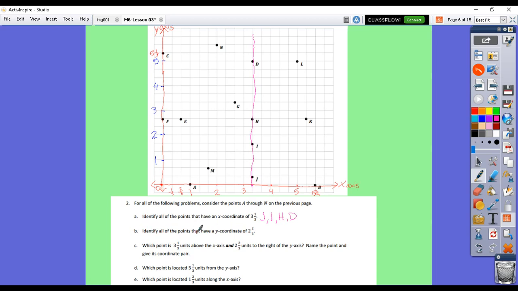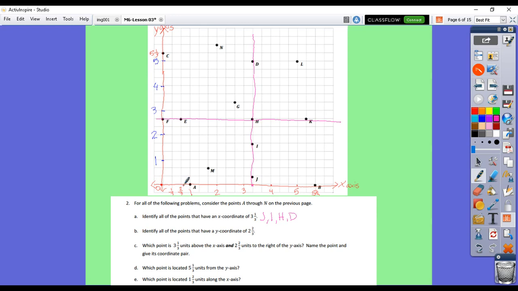Then they want all the points that have the y coordinate, which is here, of 2 2/3. So I'm going to go up to 2, 2 1/3, 2 2/3. So any point that would have a y coordinate of 2 2/3. Well, this one would, it would be 0, because we didn't have to go anywhere, 0, comma 2 2/3.